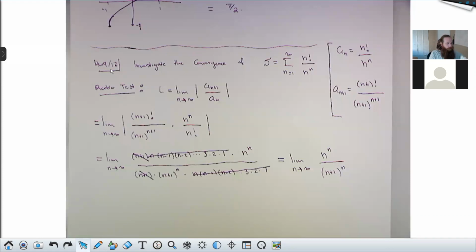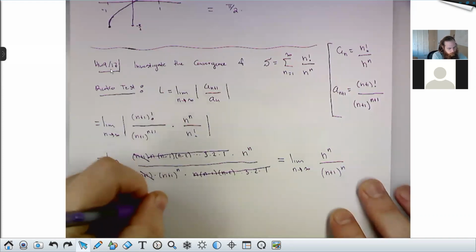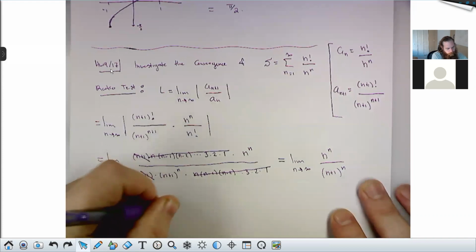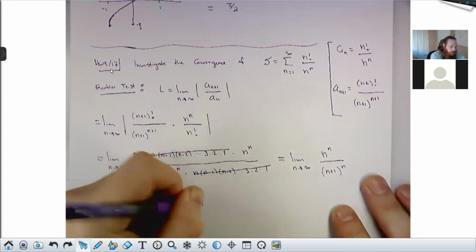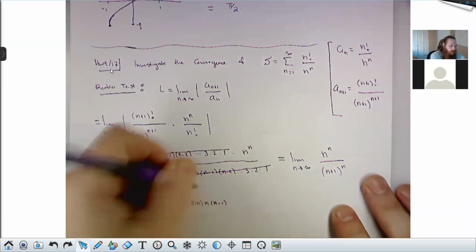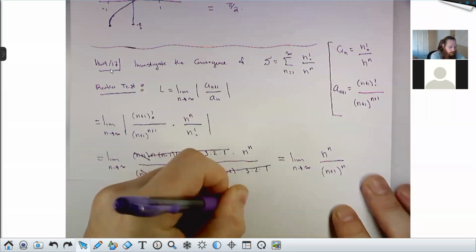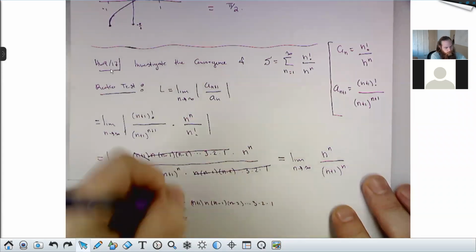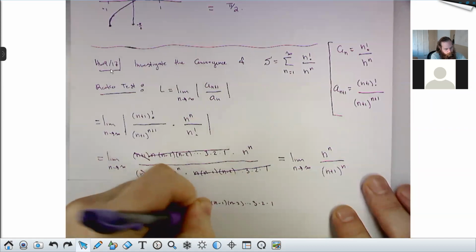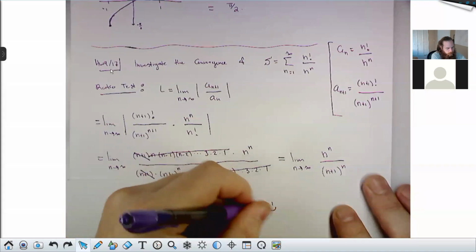One of the results that sometimes I see students remember is that (n+1) factorial, being n+1 times n times n minus 1 times n minus 2 all the way down to 3 times 2 times 1, is the same as n+1 times, what is this?